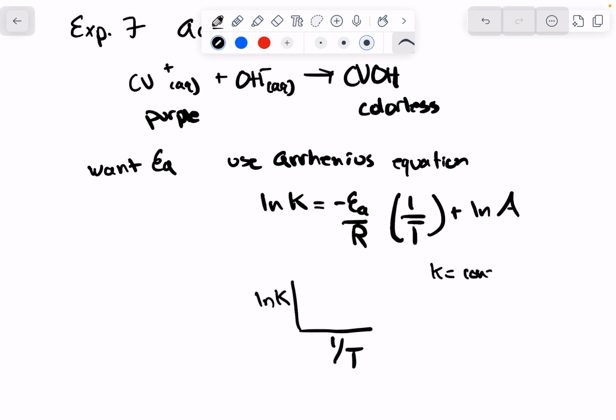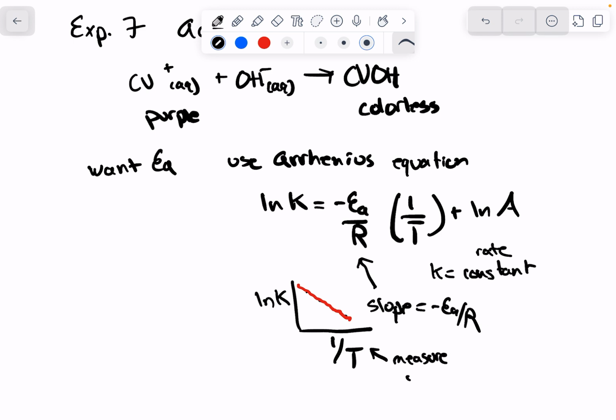If we know the rate constant at, let's say, 4 different temperatures, and then we do a linear fit, the slope is going to equal minus Ea over R. So what we need is the rate constant k, which we can easily measure in lab.